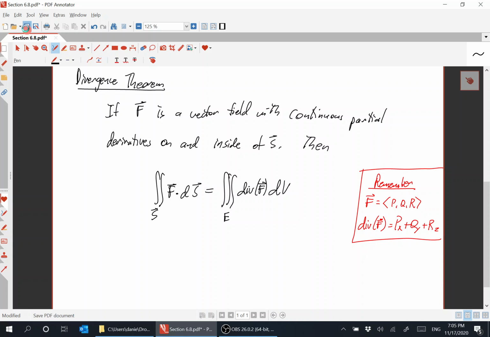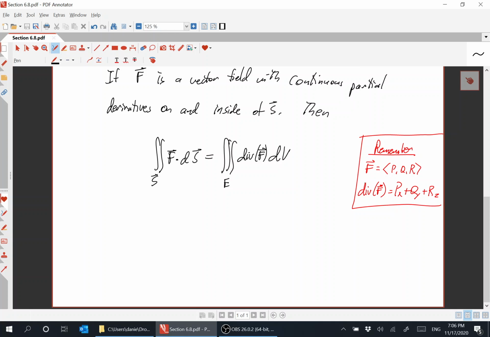And it's interesting in a lot of different fields as well, not just in calculus, but if you ever get a chance to take some combinatorics, in particular network theory, there's a discrete, a finite analog of the divergence theorem. So it's an interesting idea, and it comes into play in a lot of different areas of mathematics.